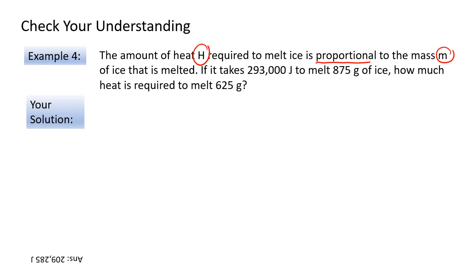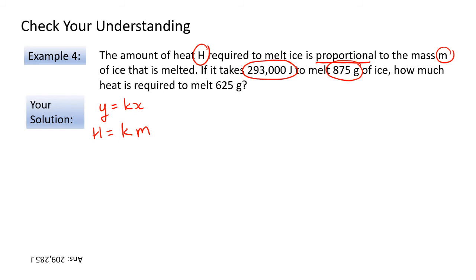Knowing that, we can start with our base formula, y equals kx. In this case, the heat, H, is proportional to mass, so heat is the y variable, so H is equal to K times M, which is the mass. Now, having the data on one instance, we can substitute that in to figure out the constant.